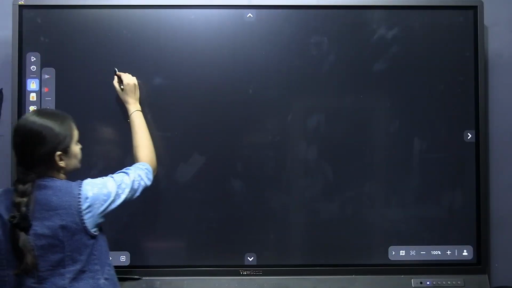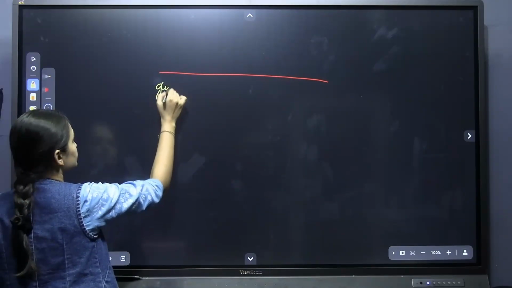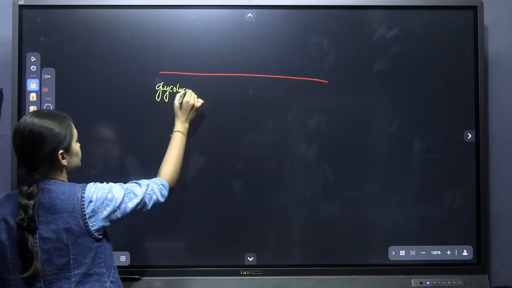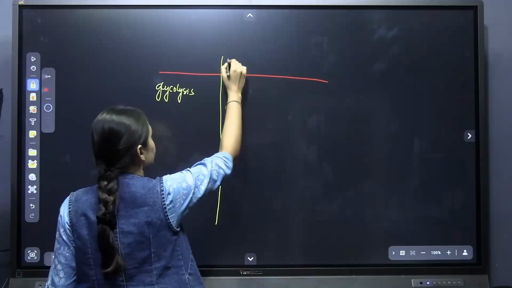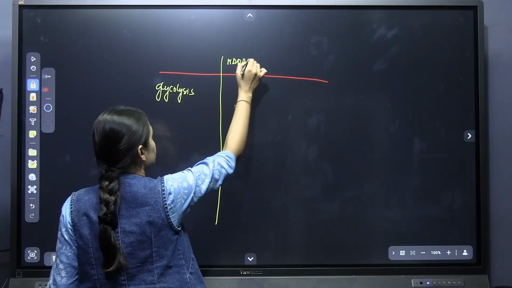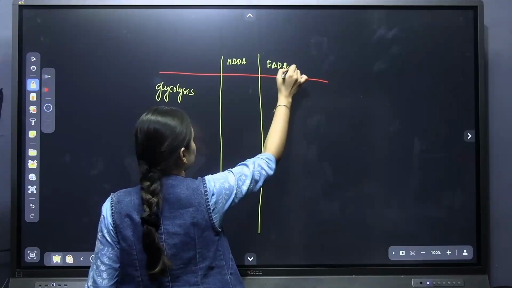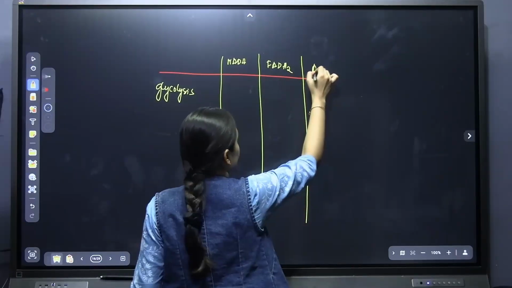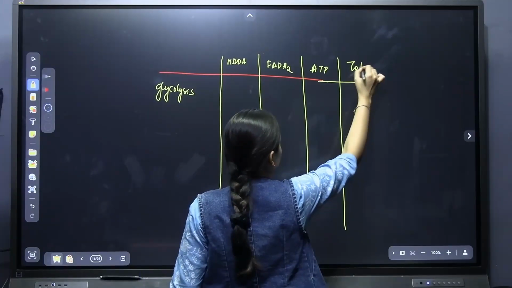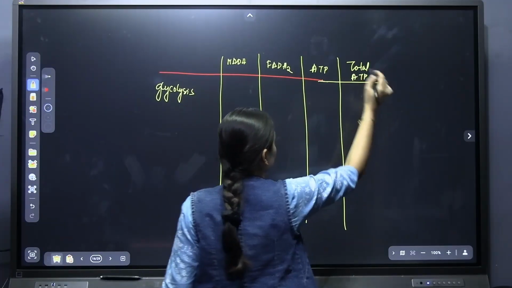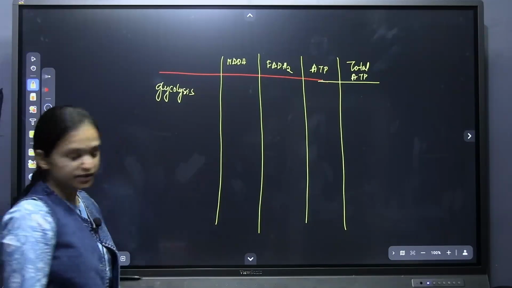In glycolysis, you need to find NADH, FADH2, ATP, total ATP, okay. Total ATP at the end of the ETC.